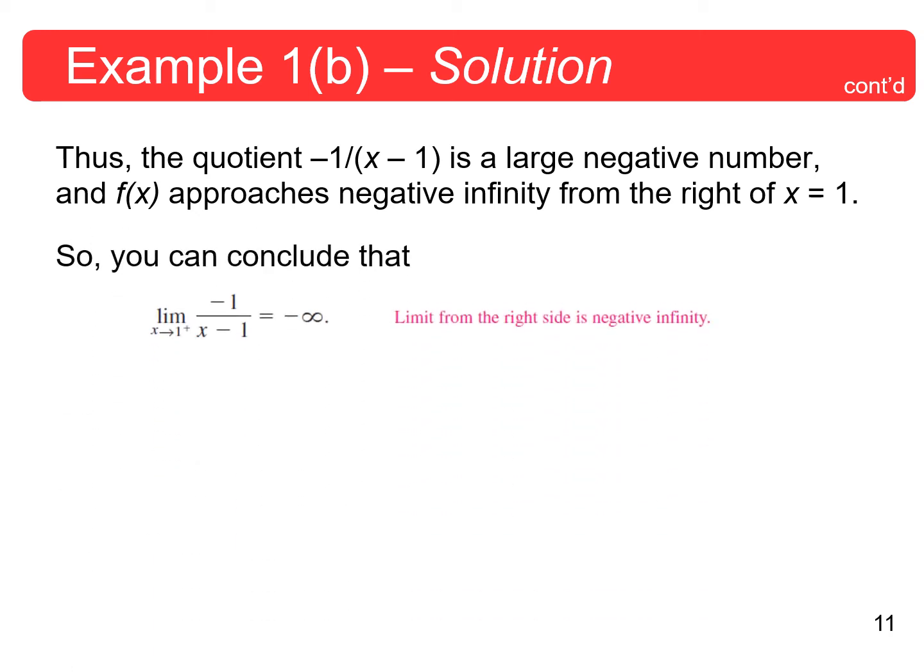So you can conclude that the limit of negative 1 over x minus 1 as x approaches 1 from the right is equal to negative infinity. We say that this is the limit from the right side of 1, and that is equal to negative infinity.